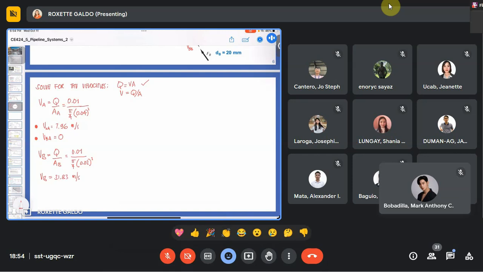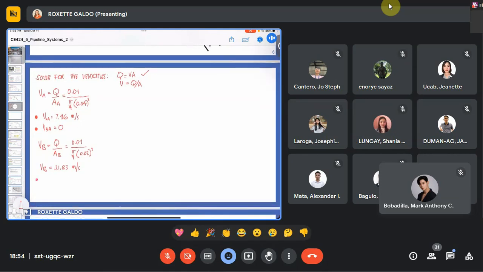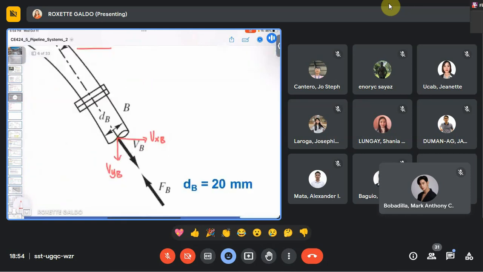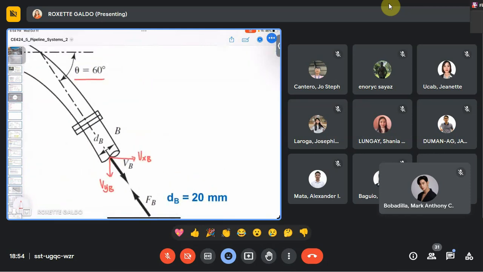Okay. So as we examine, we have to break this down into its components. Let us have the velocity along x of B. How are we going to solve for the velocity of B along the x-axis?